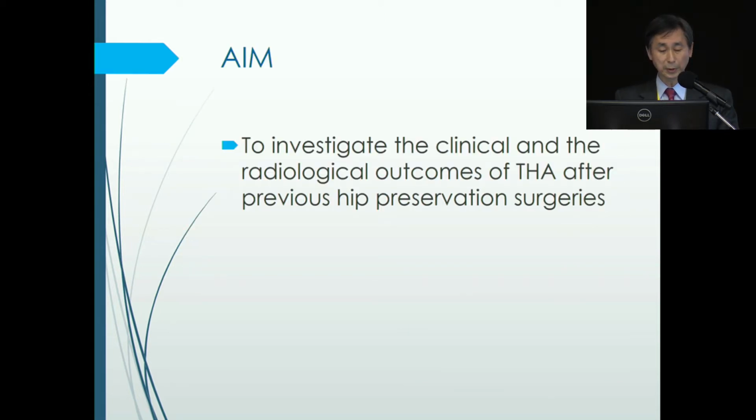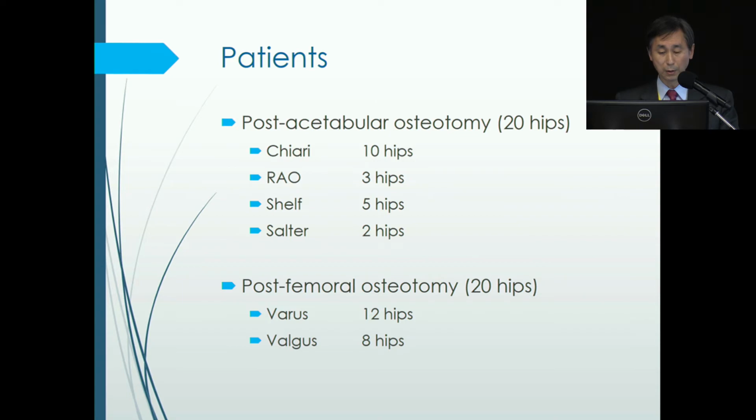So the purpose of my presentation is to investigate the clinical and the radiological outcomes of THA after previous hip preservation surgeries from our experiences. We operated 20 THAs after acetabular osteotomies and 20 THAs after femoral osteotomies, mainly Chiari and shelf osteotomies, and varus and valgus osteotomies.